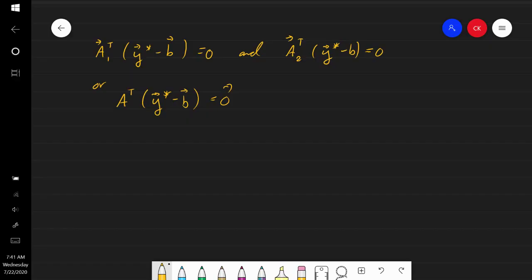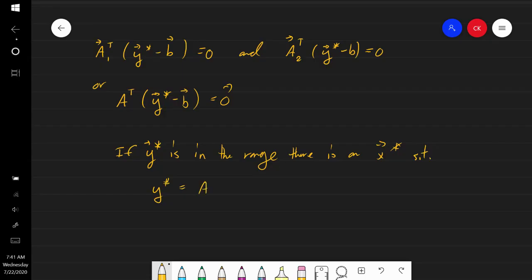So now, since y star is also in the range, we can write y star equals A times x. In other words, we know that since y star is in the range, there must be an x, and I'll call it x star here, such that y star equals A times x.